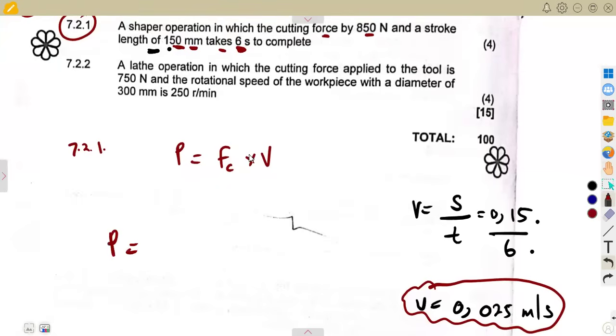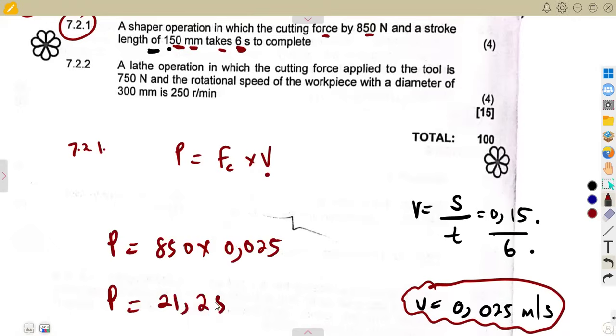So the power from the cutting force, which is 850 newtons, times the velocity that we calculated, which is 0.025, we obtain our power in watts. This gives us 21.25 watts. This is a smaller value, so just leave it like that. All right, then that's it.